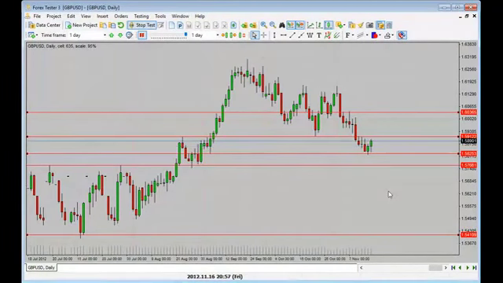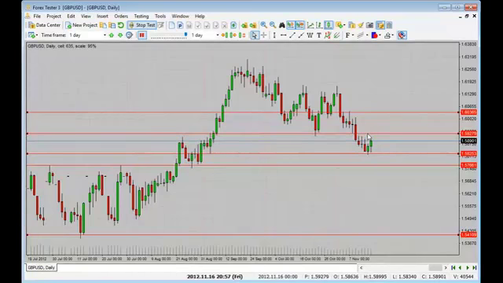Let's take a look. Pulls back. Now we are starting to pull back further into this level. So it looks like we're going to get there. So I'm looking for price to go up either into the top here or further up into the bottom of this pin. So looking for price to pull back a little bit. Now overall, the direction hasn't quite changed yet.